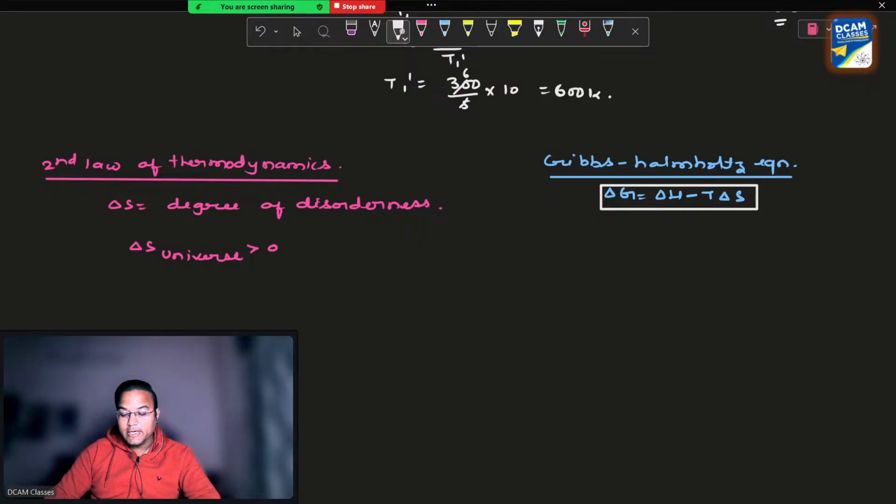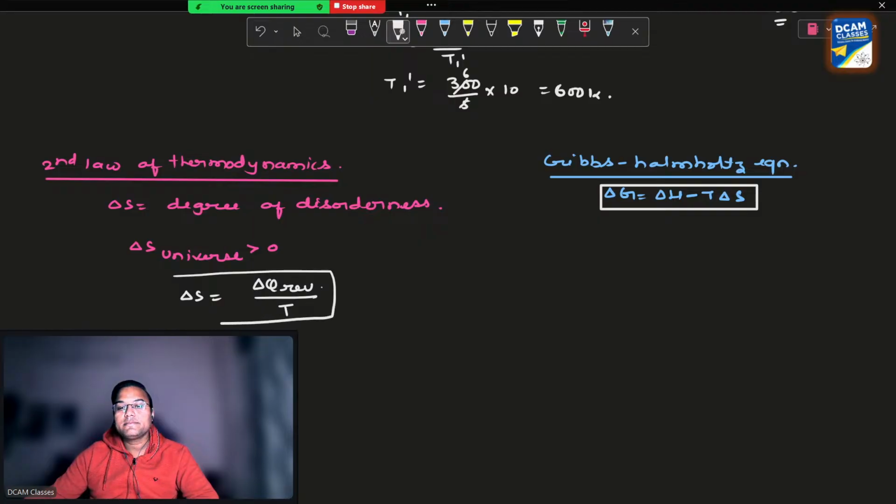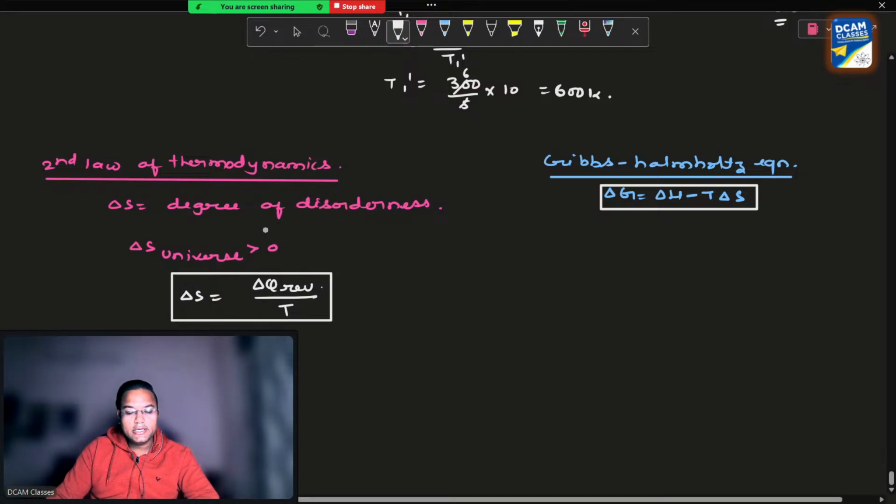Now, how to calculate this entropy? They have given the formula that delta S is equal to Q reversible by T. Do you know what is a reversible process, Haripriya or Kanishka? I think either you or Kanishka, someone has told me the answer earlier.